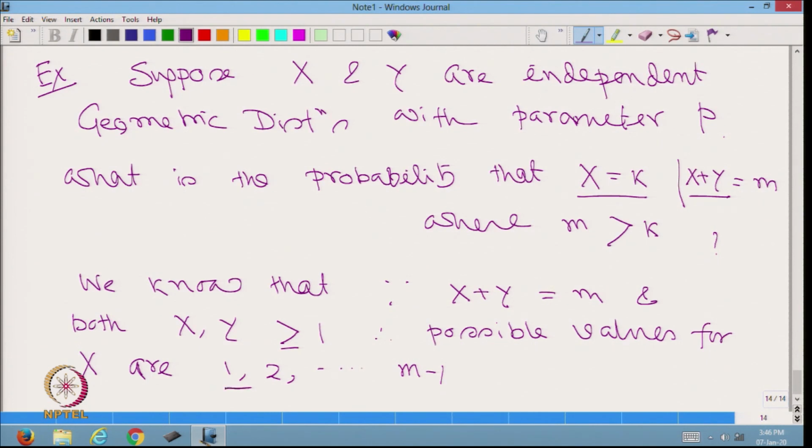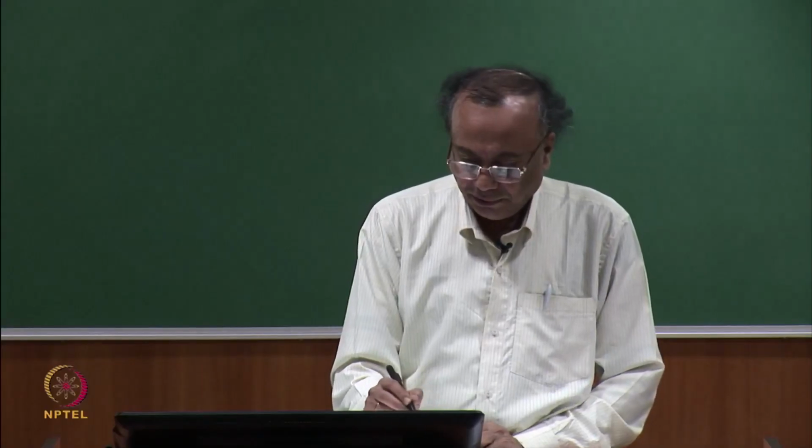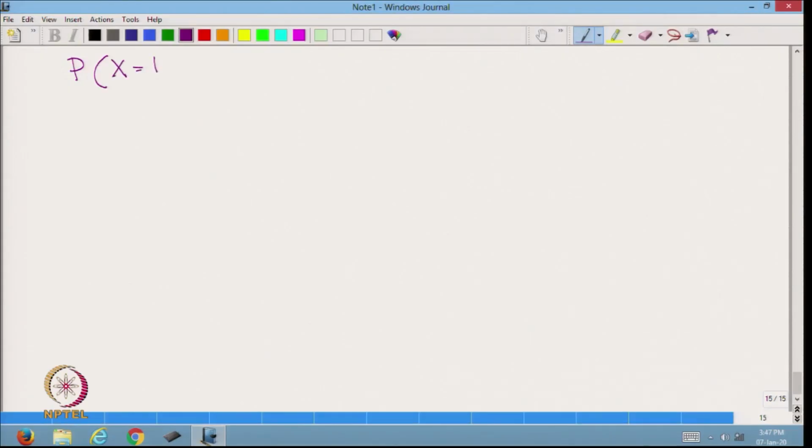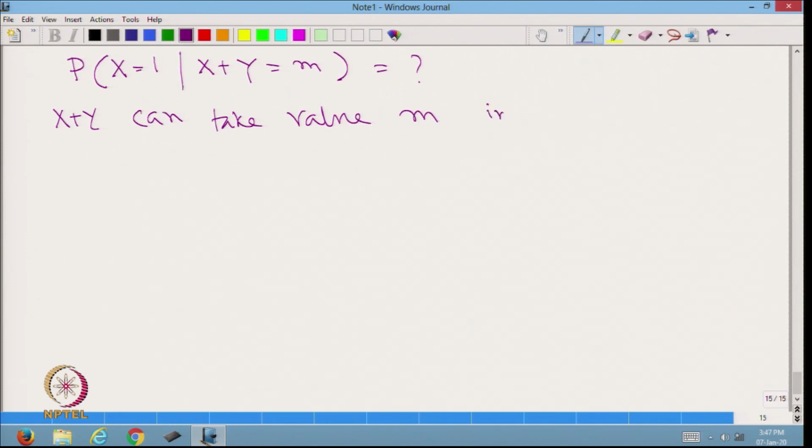So, X can take one of the possible values between 1, 2, 3 up to m minus 1. So, probability X is equal to 1 given X plus Y is equal to m is equal to how much? X plus Y can take value m in the following ways.